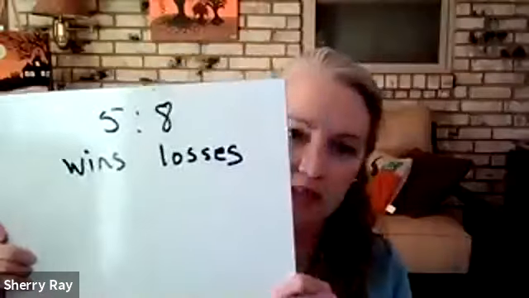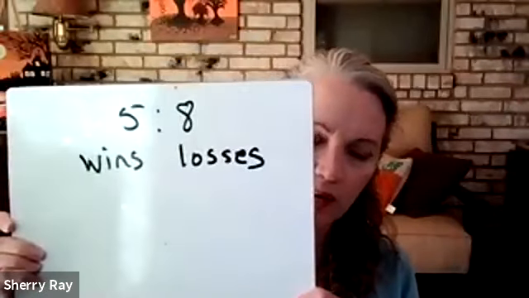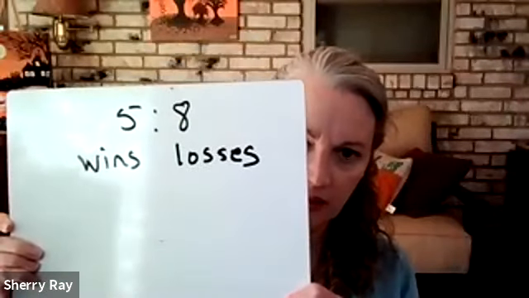Okay, so usually when we hear about odds, we often hear about odds when it comes to sports. Let's just say a team is 5 and 8. Okay, so 5 and 8, that would mean wins to losses. So this is called our odds.